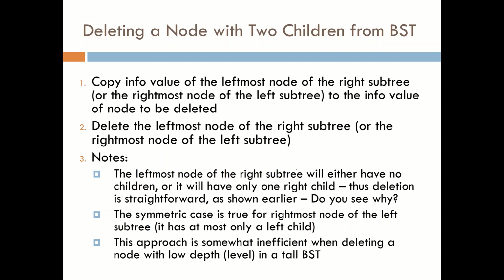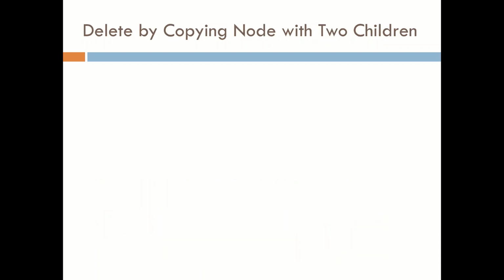So at most, these will have a single child. And there's a symmetric case depending on which one of these we pick. And this approach can be inefficient, but it is flexible, which is why we use it. So let's take a look at a graphic that will hopefully help you understand this a little better.